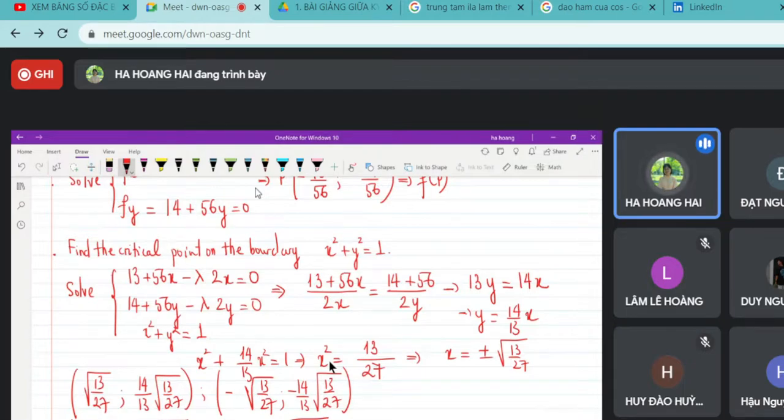Then you can find out the value of the max and the value of the minimum. Oh, sorry, it should take the square root, right?